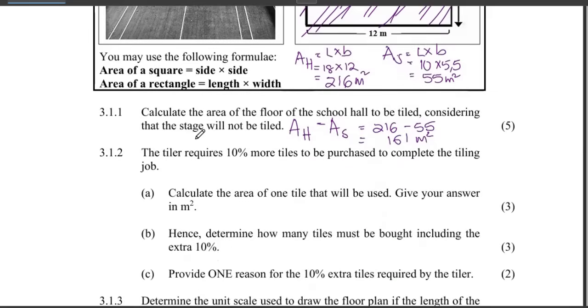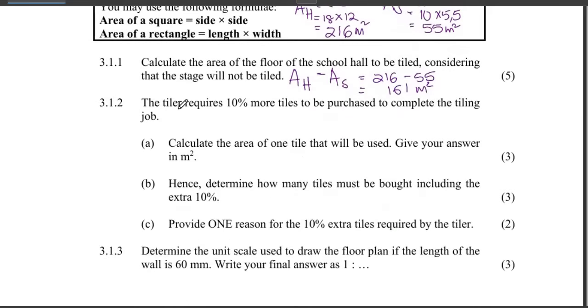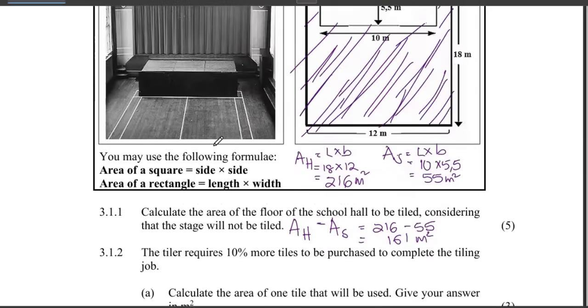Okay, so we continue. The tiler, the person who is going to tile, requires 10% more tiles to be purchased to complete the tiling job. Calculate the area of one tile that will be used, giving your answer in meters squared. Now remember, where are we going to get this?